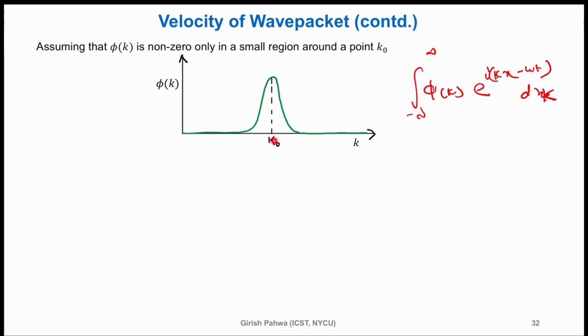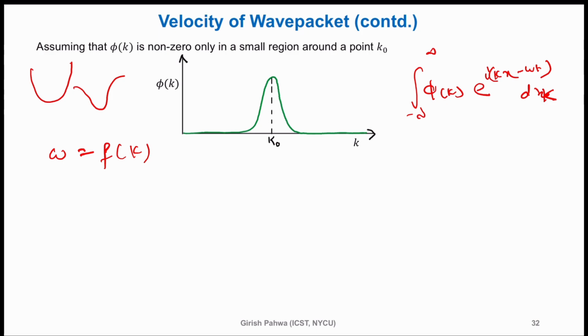Now if I restrict myself only to a small range of k values, the dispersion relation, which is the relation between omega and k, can be simplified. How do I simplify that? Say I have omega as some function of k. We know that for a free particle it's a parabola, or for an electron moving in a crystal it can be some nonlinear relationship.